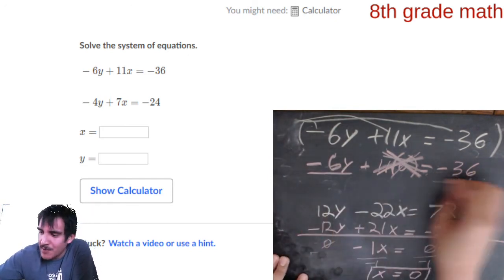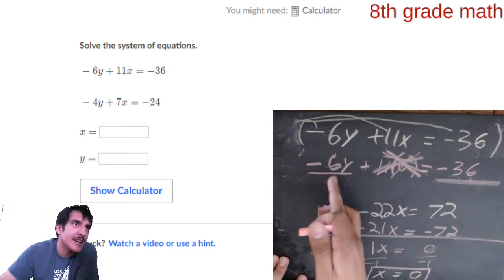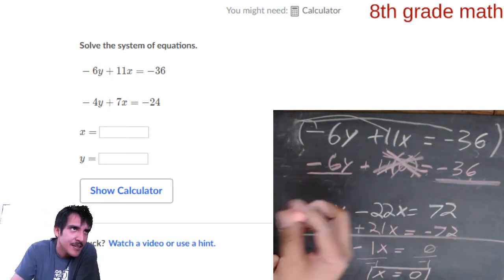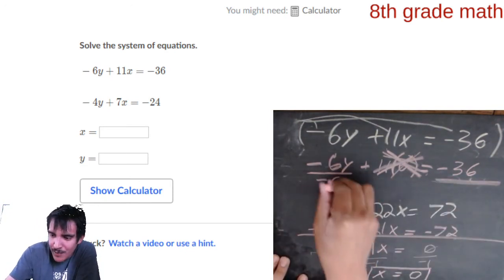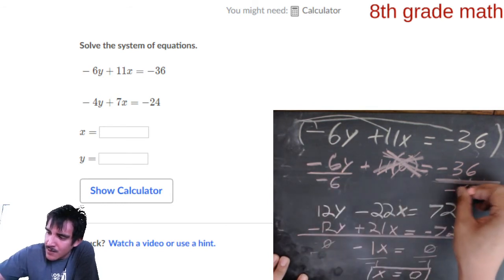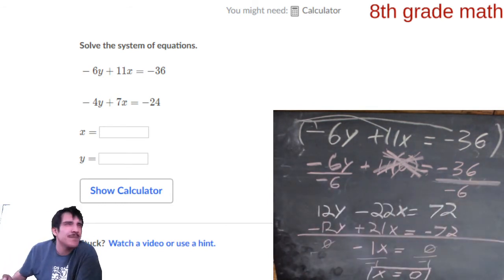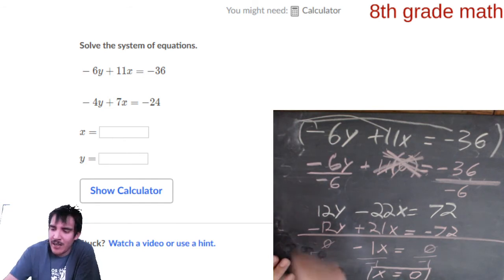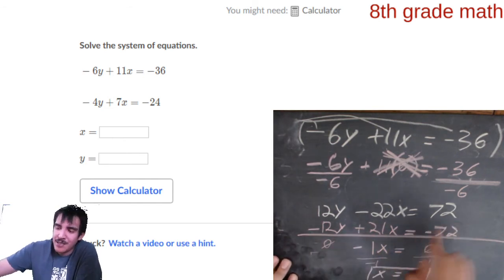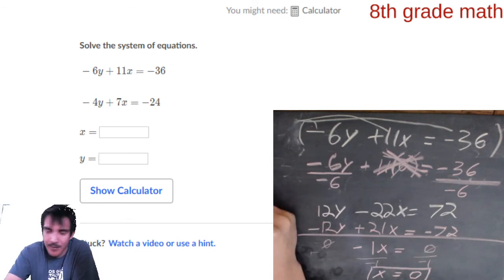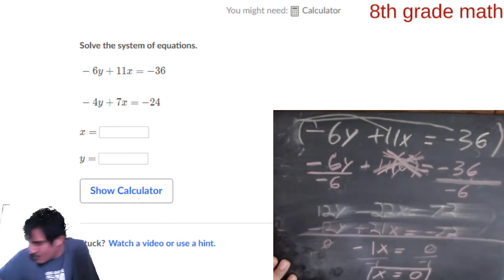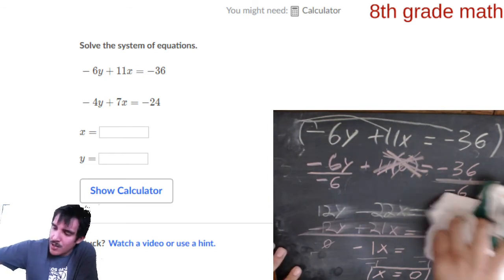So let's do the same thing to both sides. How can I get rid of this negative 6 coefficient? We're going to divide by negative 6. Okay, I hope you have these opposites written down. We don't need them anymore, but I'm going to erase them now.